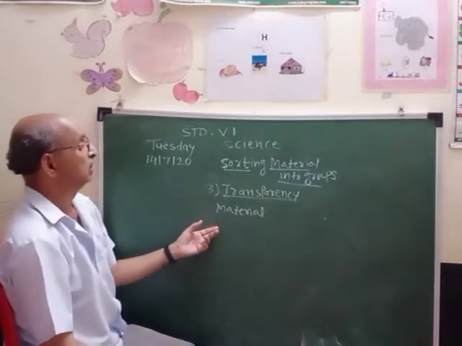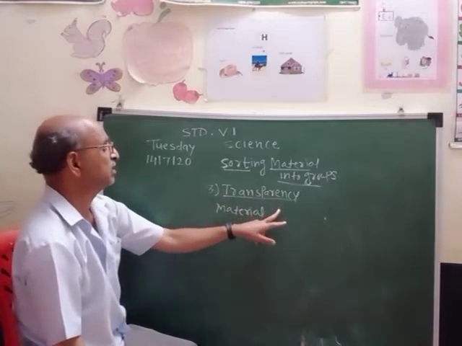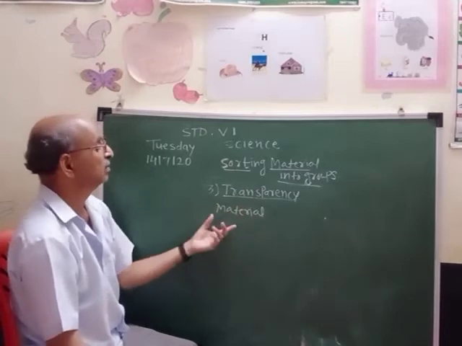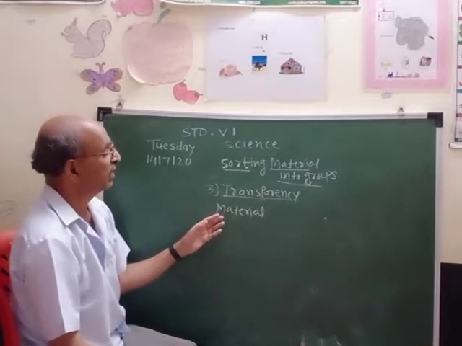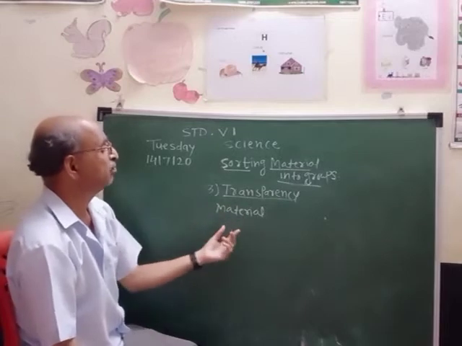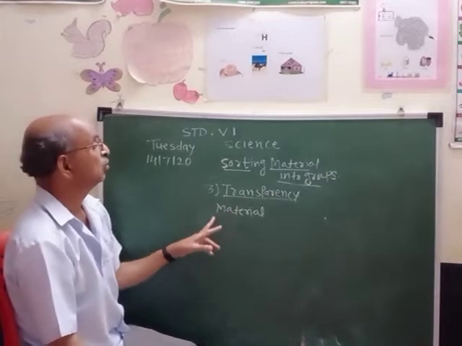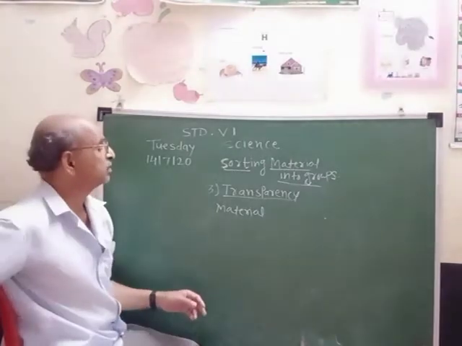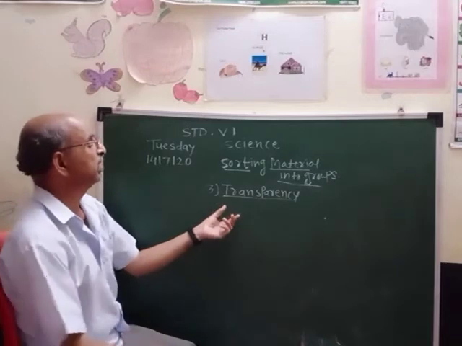The material through which light can pass, that property is called transparency. In short, if light can pass through that material, then we say the material is transparent, meaning we can see from one side to the other. On that basis, we can again make groups of material or objects. The substance through which light passes is called transparent.